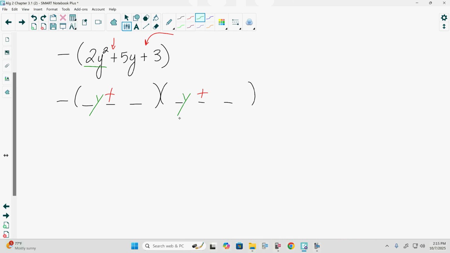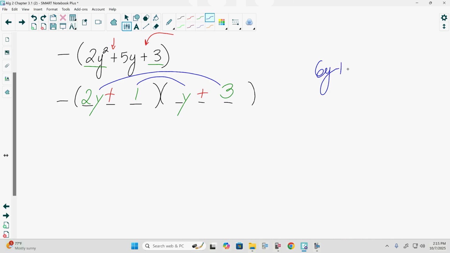Our factors of 2 are just 2 and 1. The factors of 3, we only have one set, that would be 1 and 3. So where would we put the 1? Where would we put the 3? 1 and 3.